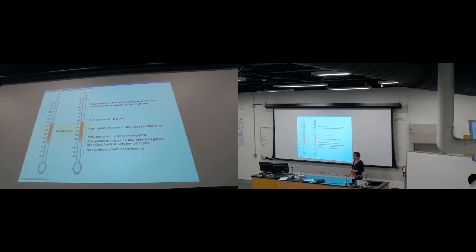But there are some bacteria that are pathogens, like for instance Listeria monocytogenes, that can produce listeriosis. This listeriosis is dangerous for immunosuppressed individuals and as well for pregnant women.